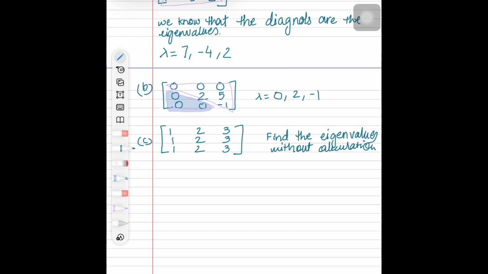In this case, you see how this is row equivalent to 1, 2, 3, and the rest are zeros, since they're the same, so you could just subtract them. These rows are the same, so you could subtract them, have 1 as the pivot, and the rest are free variables. And since you know that it's equivalent to that, without any calculation, lambda is equal to 1, 1 or 0.